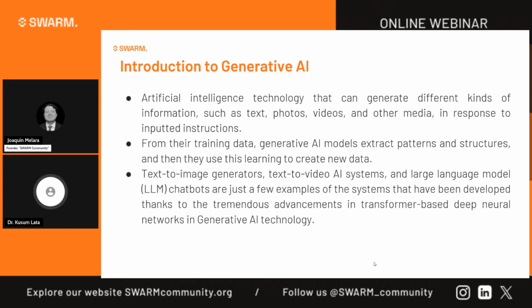Generative AI can be used to generate images, and we can generate videos from text also. And there are large language models. ChatGPT is also a large language model. So we can say there is tremendous advancement in generative AI technologies, which is based on transformer-based deep learning.